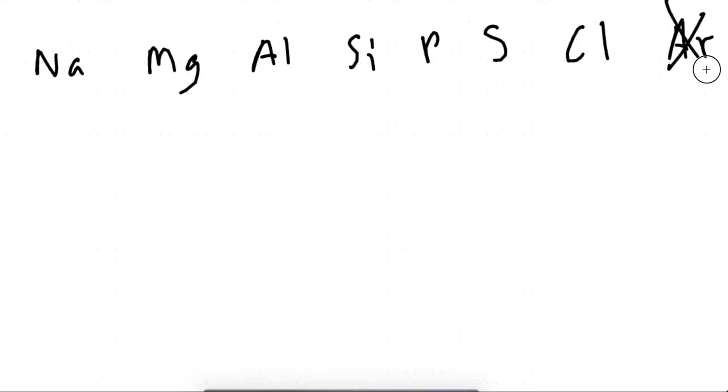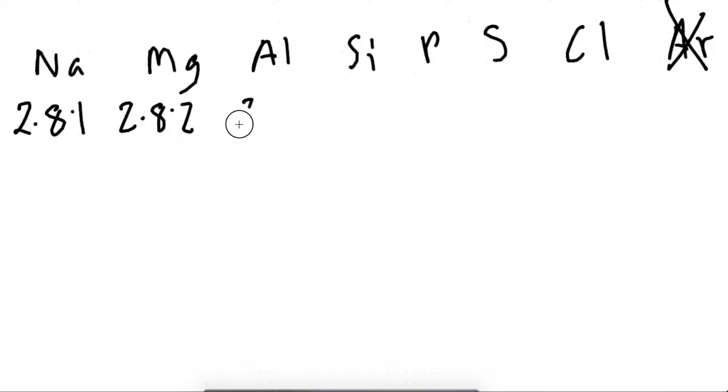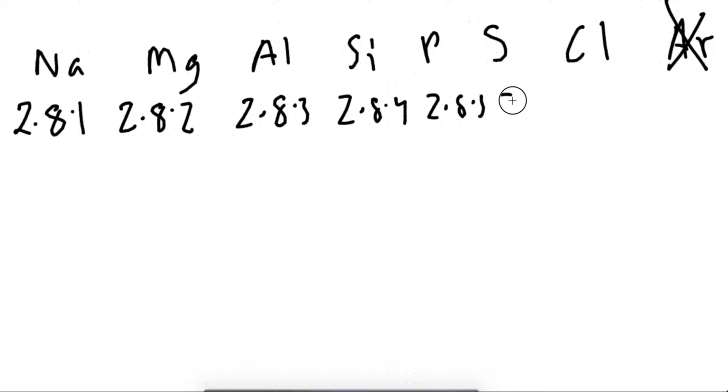We won't talk about argon because there's no electronegativity, it is stable. Sodium's electronic configuration is 2.8.1, followed by 2.8.2, 2.8.3, 2.8.4, 2.8.5, 2.8.6 and 2.8.7 for chlorine.